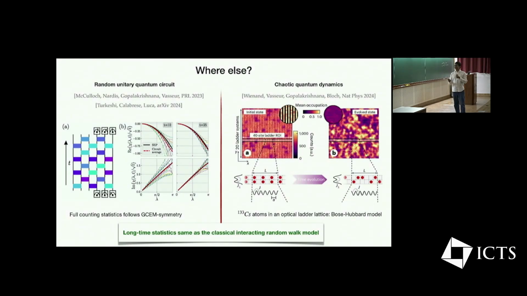This is a paper by Jacopo, and also there was a paper by Andrea De Luca. They showed that if you look at random unitary circuits and look at the charge transport there, its large time behaviors are governed essentially by the same current fluctuations as in the lattice models, the symmetric exclusion process. There's also another recent experiment where they were looking at the transport of very large atoms in optical traps.